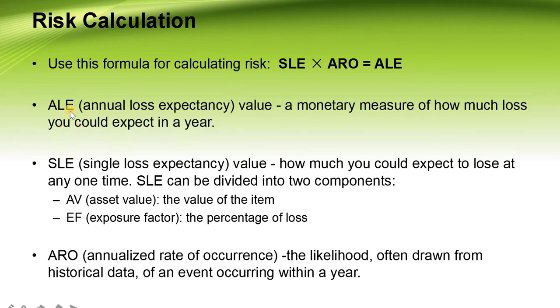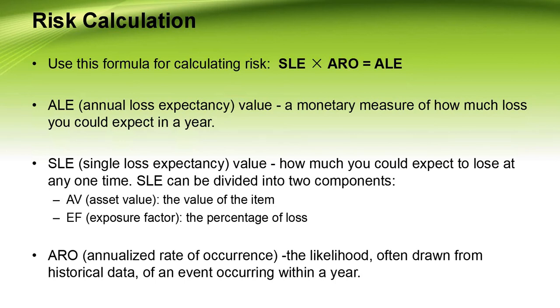So here you can see ALE, and then SLE and ARO. ALE is the annual loss expectancy, the monetary loss that can be expected for an asset from risk over a 1 year period.